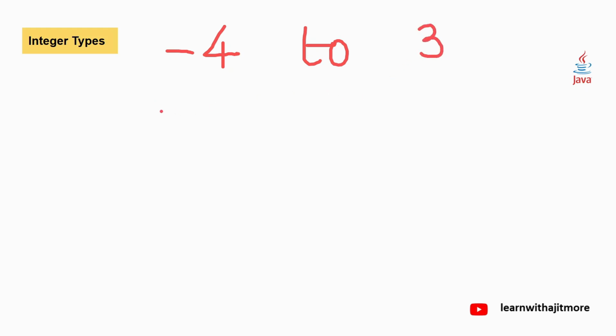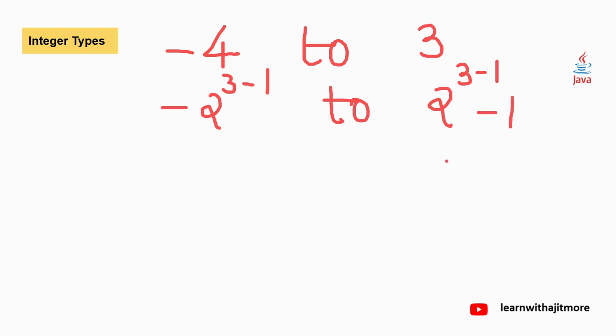I can represent this in power-of-2 form like this: minus 2 raised to 3 minus 1 to 2 raised to 3 minus 1, minus 1. See here, 2 raised to 3 minus 1: 3 minus 1 is 2, so 2 raised to 2 is 4. Here also, 2 raised to 3 minus 1 is 4, and 4 minus 1 is 3.